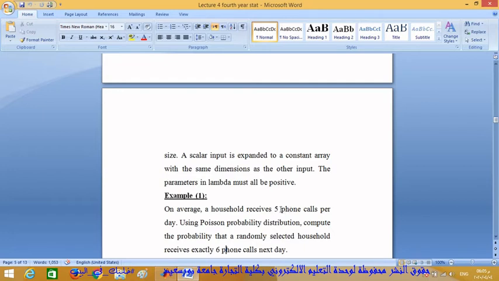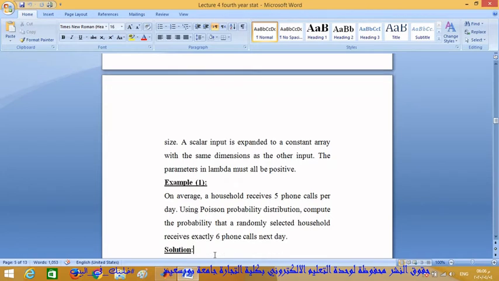Using the Poisson distribution, compute the probability that a randomly selected household receives exactly 6 phone calls next day. So here lambda equals 5 per day and x equals 6. We have to calculate the probability of 6 calls instead of 5 calls.